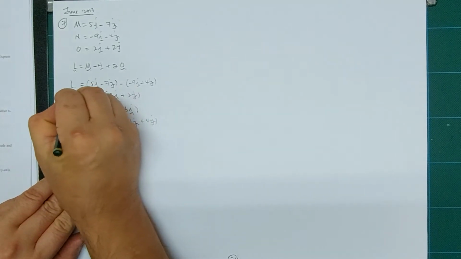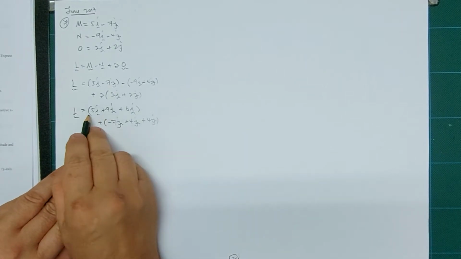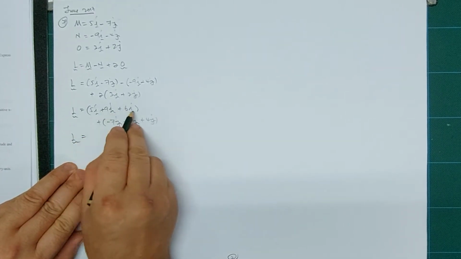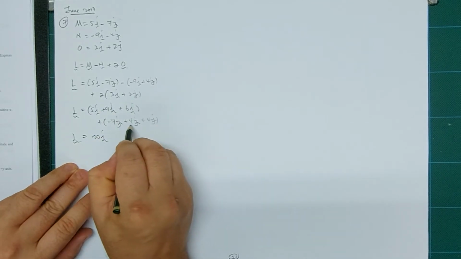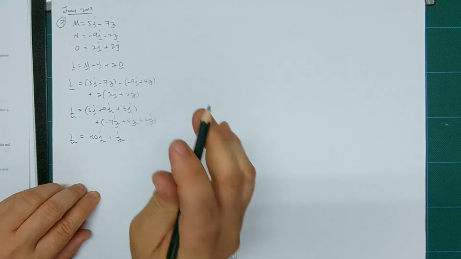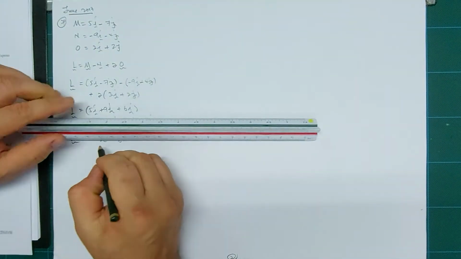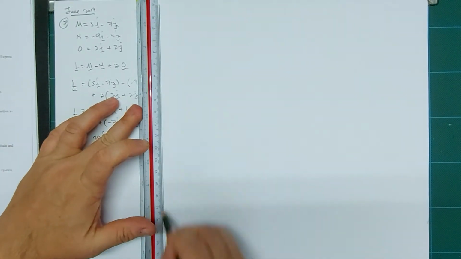So what is our answer? For I, 15 plus 5, you have 20I. For J, 8 minus 7, so we have only 1J. No units. So your answer is 20I plus J.